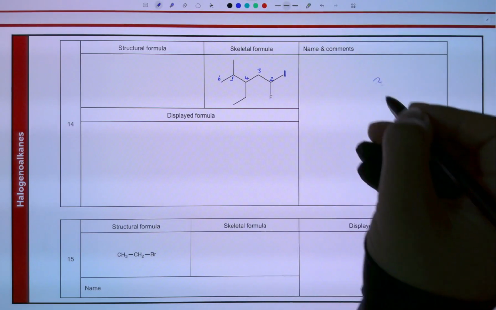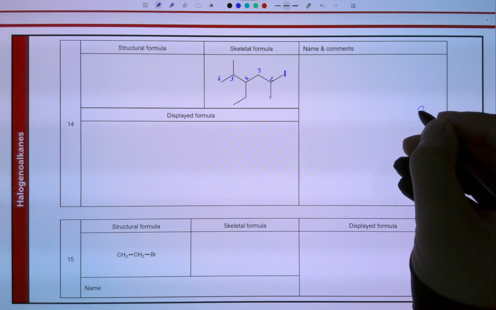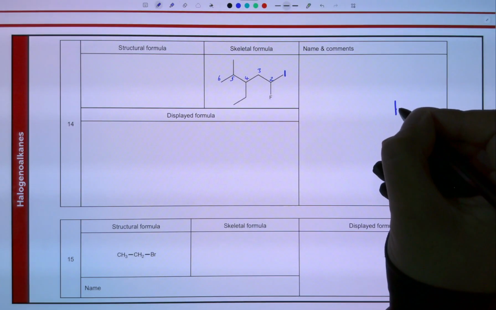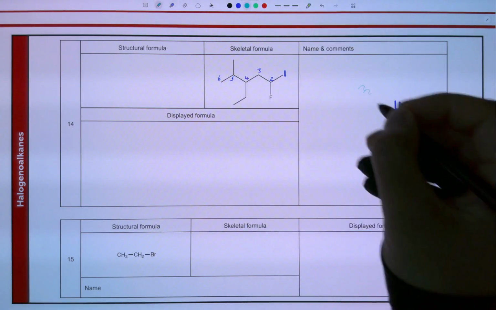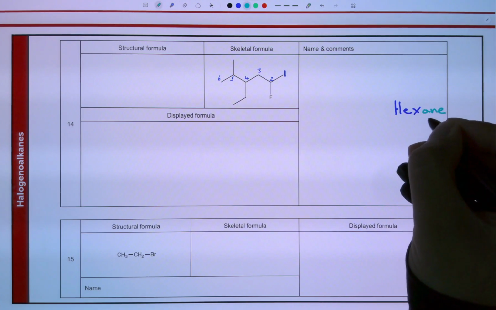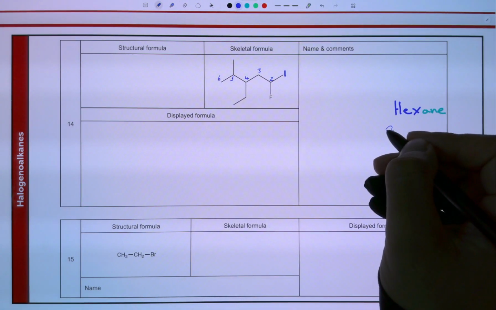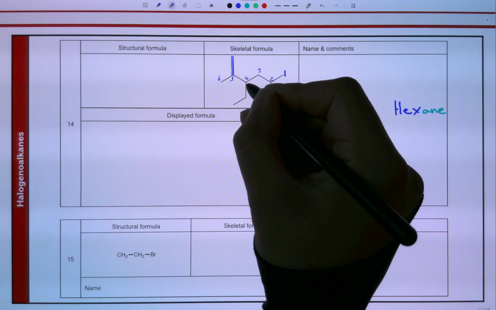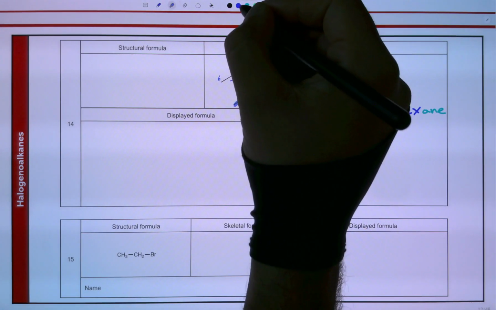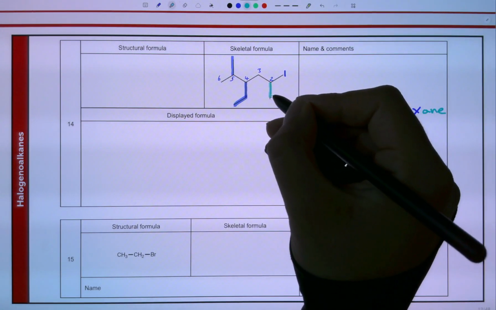So the molecule has the name hex for 6 carbons. This is an alkane, so it's hexane, and we have 2 side chains and 1 functional group.